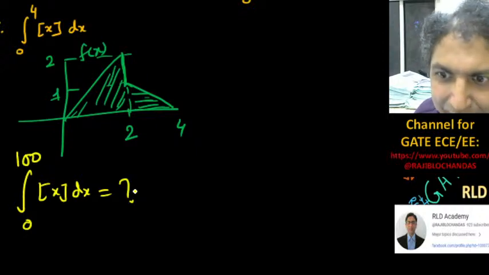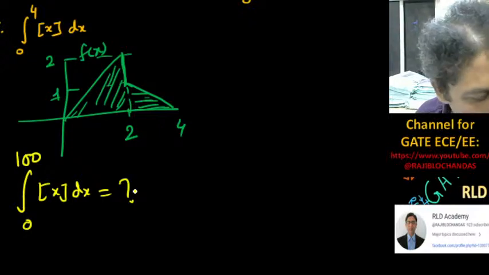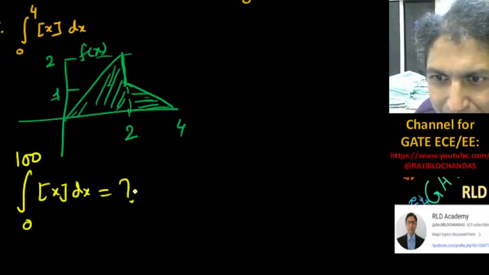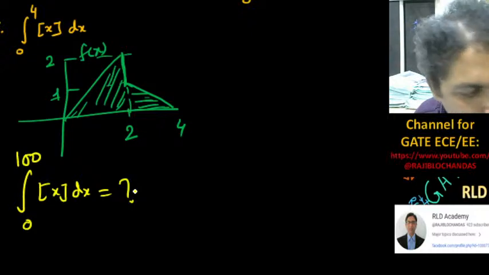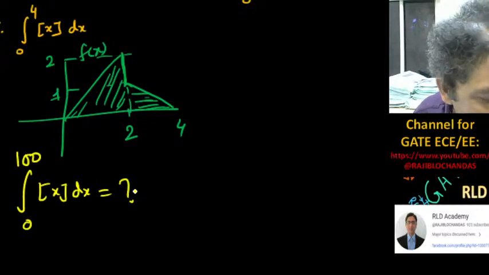Integral from 0 to 100 of greatest integer of x dx. Anybody? Can you try? Okay. Is it possible to solve?